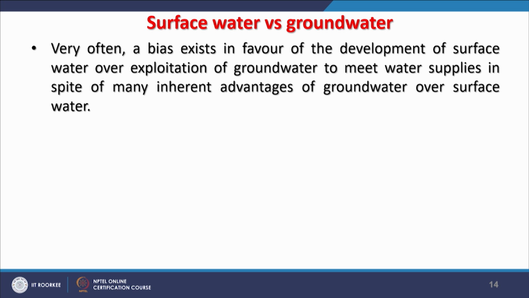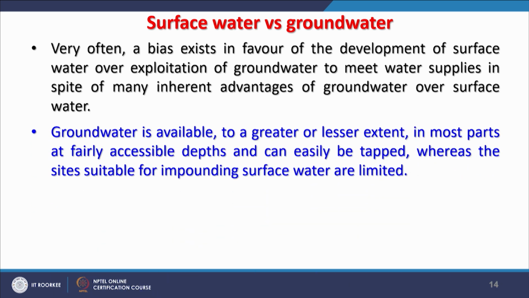So very often a bias exists in favor of development of surface water, and over exploitation of groundwater, to meet water supplies, in spite of many inherent disadvantages of groundwater over surface water. Because development in surface conditions, and some types of decisions, are always taken so that things can be seen on the surface, and therefore there is a bias.